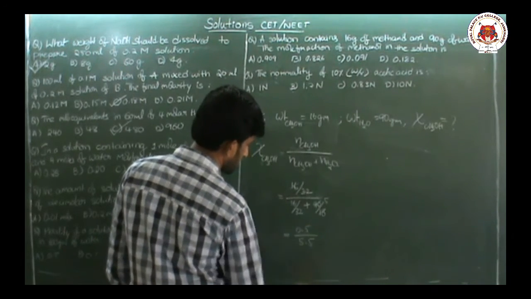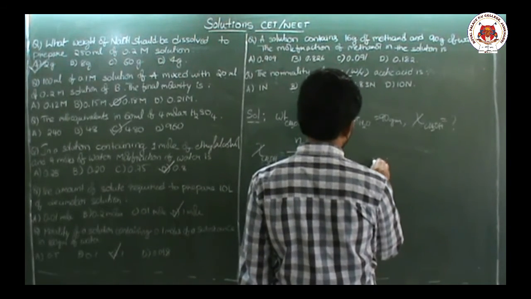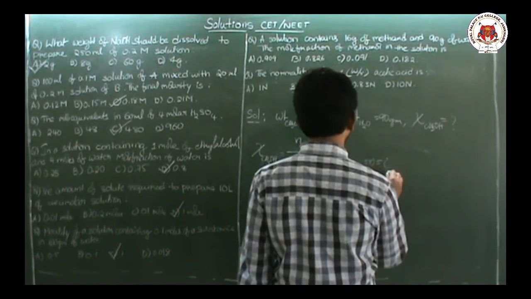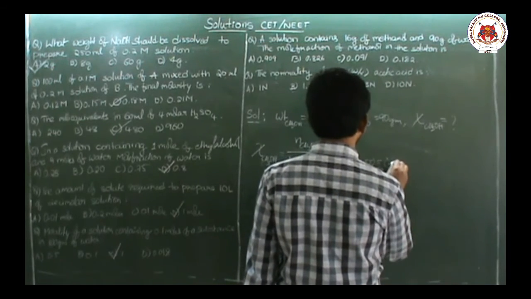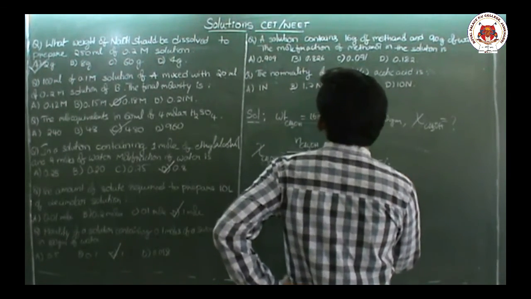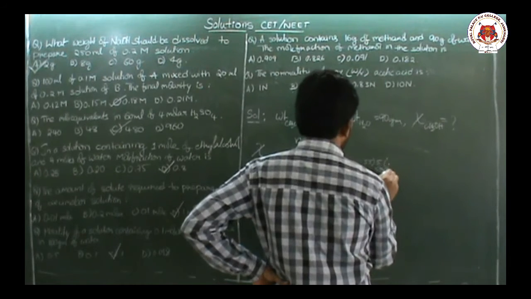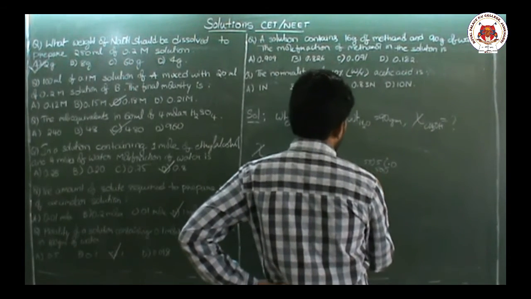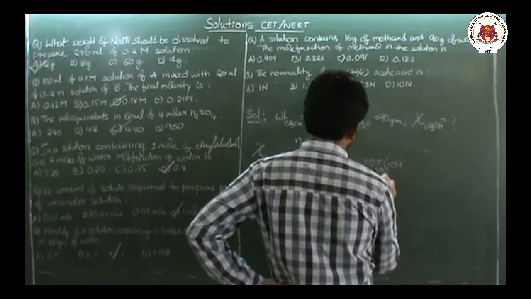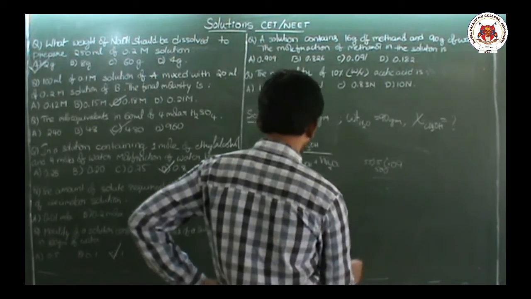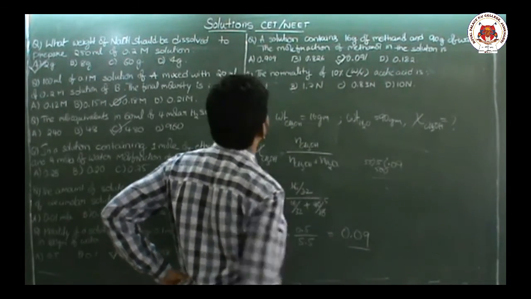Okay, means 5 by 55. 5 by 55 means, if you take here, it will become 50, then one more 0 I will take here, and this goes almost 9 times. So approximately this value comes 0.09.